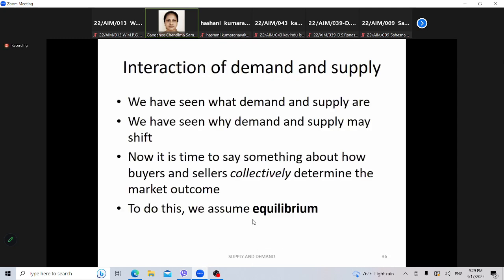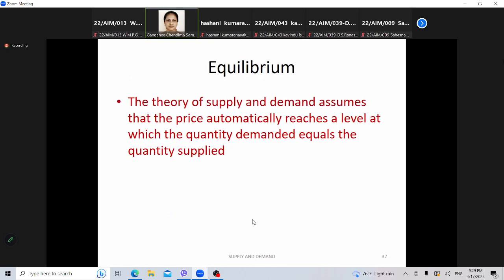So we know what demand is, what supply is. We have seen why demand and supply shift. Now it's time to say something about how buyers and sellers collectively determine the market output. So this is equilibrium. Okay. Now we will see equilibrium.